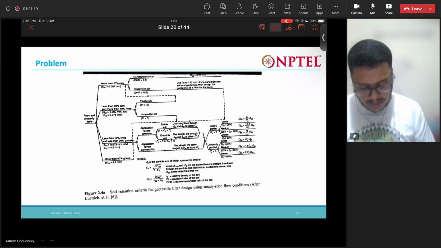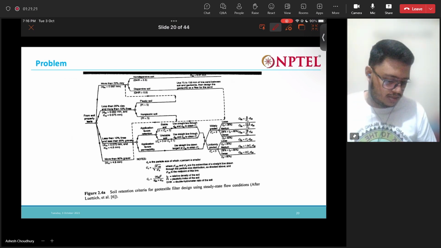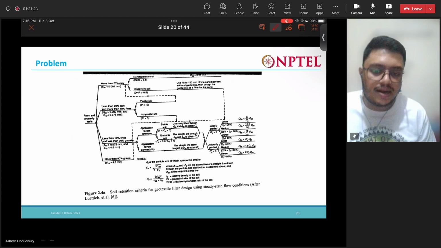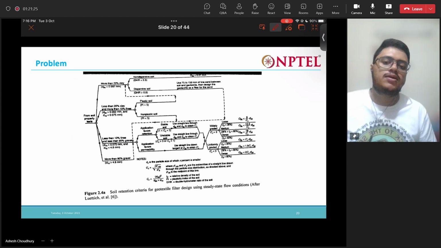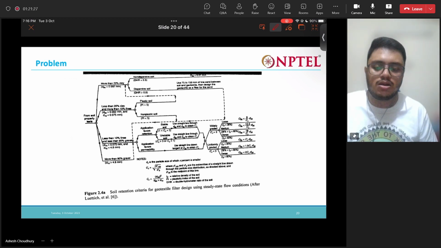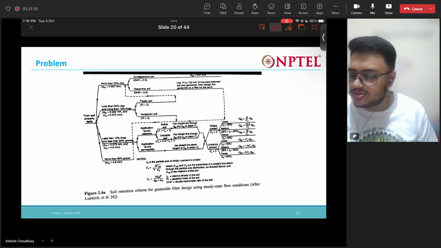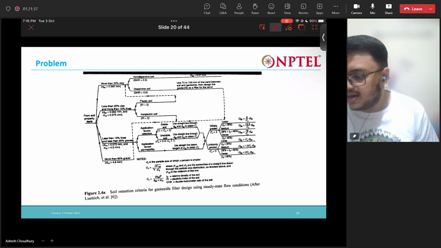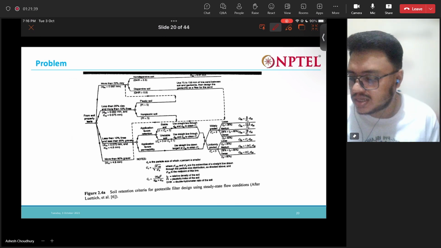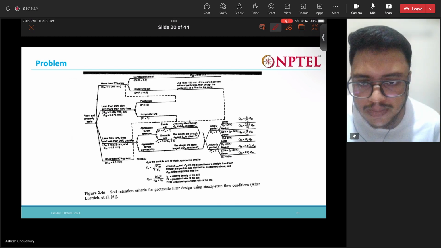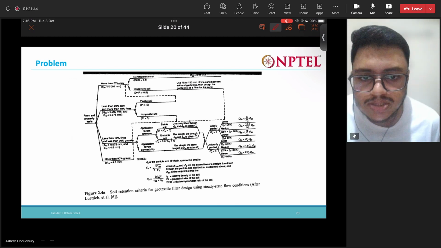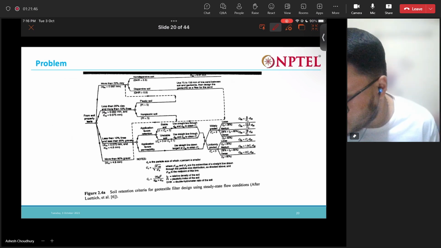This is one soil retention criteria chart, given in Koerner's book based on literature. Here you can see there are many criteria given, from which we can select the appropriate criteria that is necessary for us.